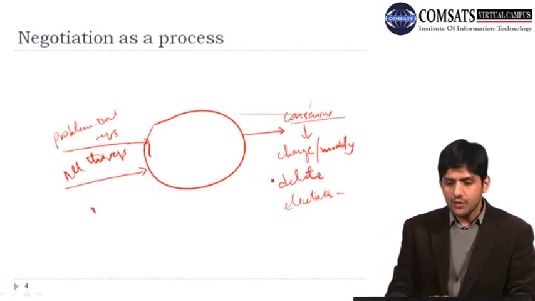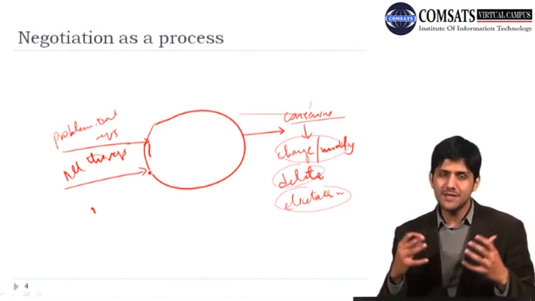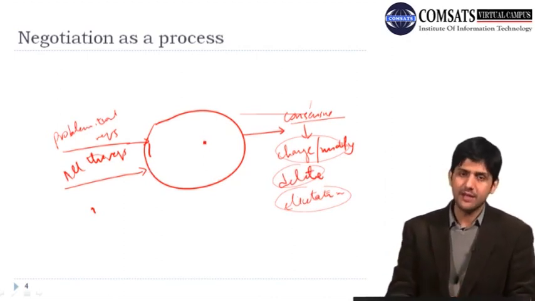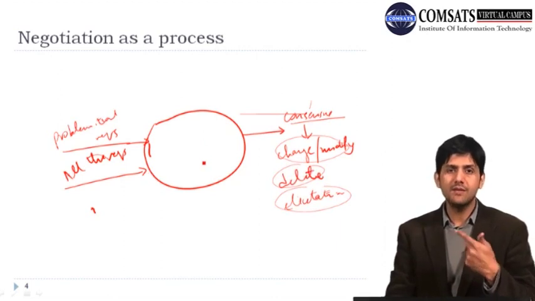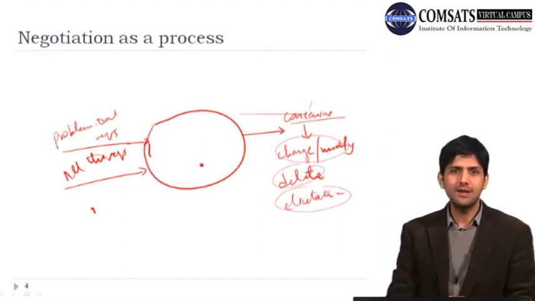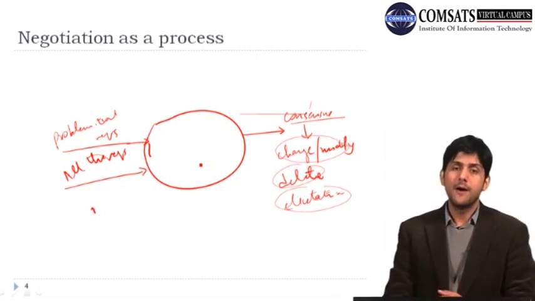So if we look at these outputs, we know that requirement negotiation is not just one activity, it's basically a group of activities, and these cannot be achieved by just one activity. So we need an activity to prioritize requirements, and an activity to decide which requirements to delete, which to modify, and for which to do more elicitation.